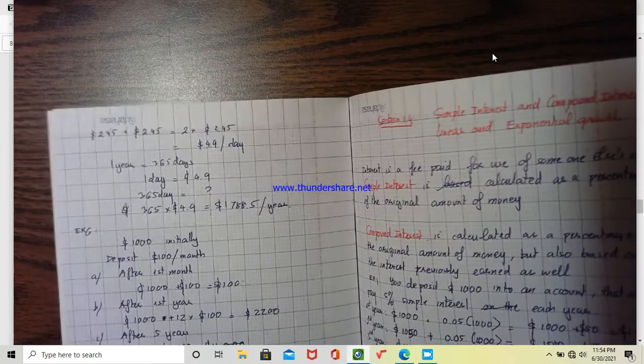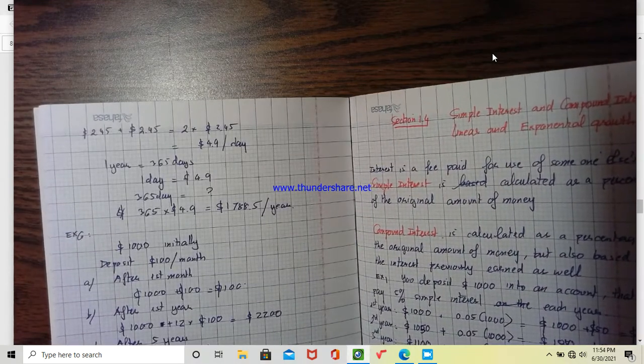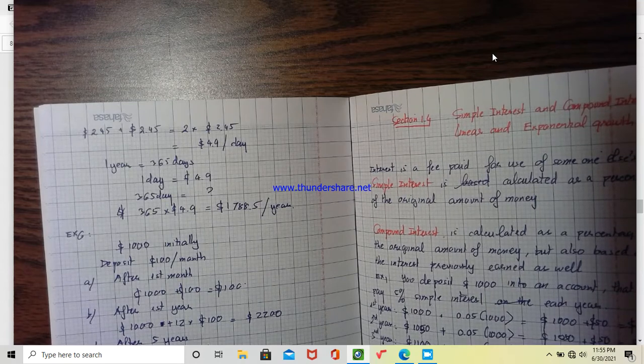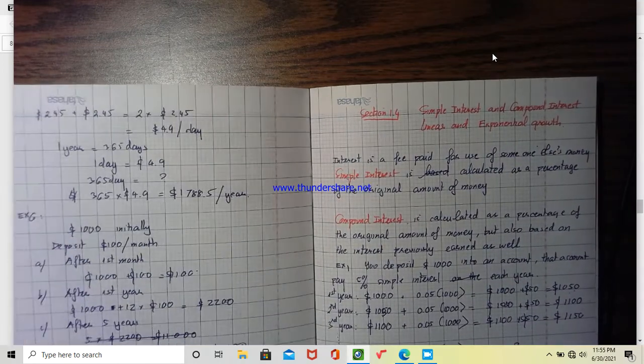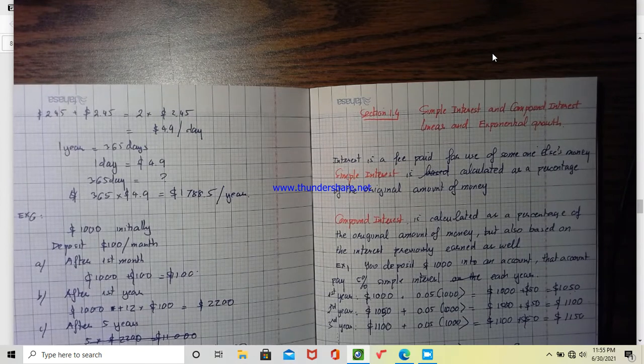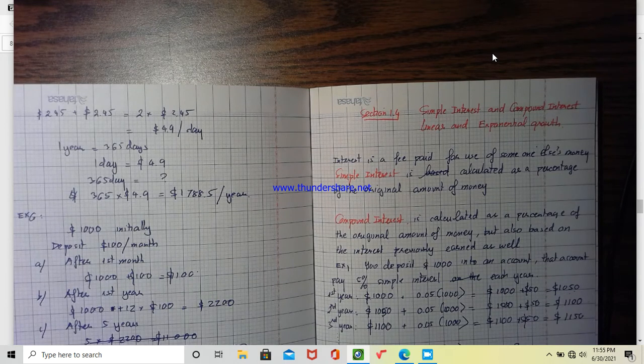Then what happens if you have n years? How are we going to write a formula for n years, I mean 10 years or 50 years or 30 years?